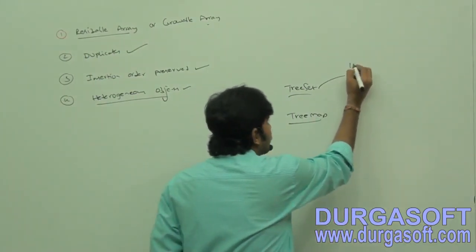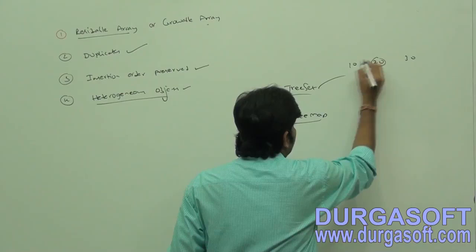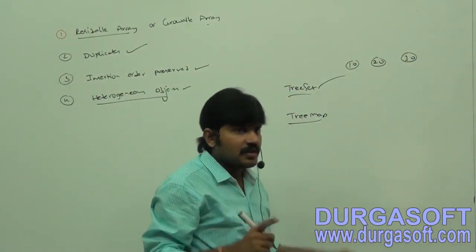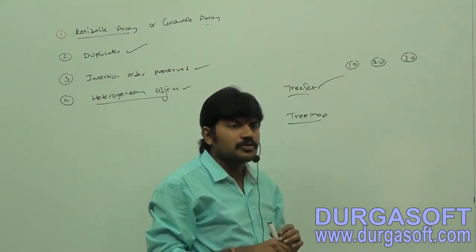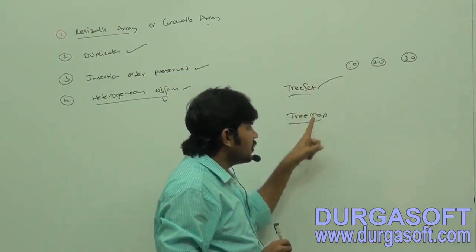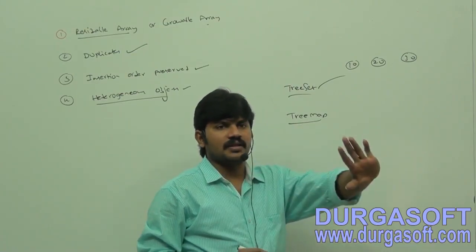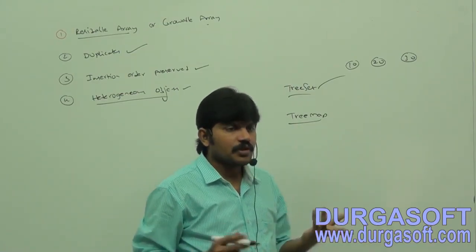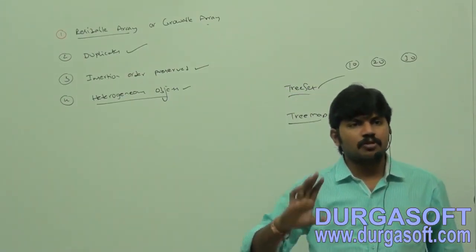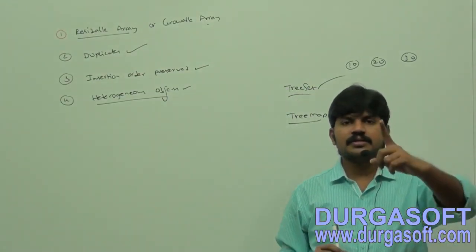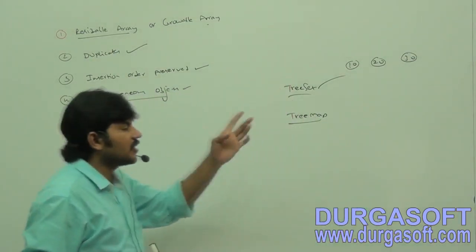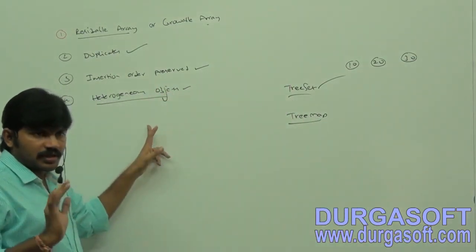Comparison is required, which means these objects should be the same type. But in the remaining collections we never compare. If comparison is not required, objects can be different types, no problem at all. Except TreeSet and TreeMap, everywhere heterogeneous objects are allowed.